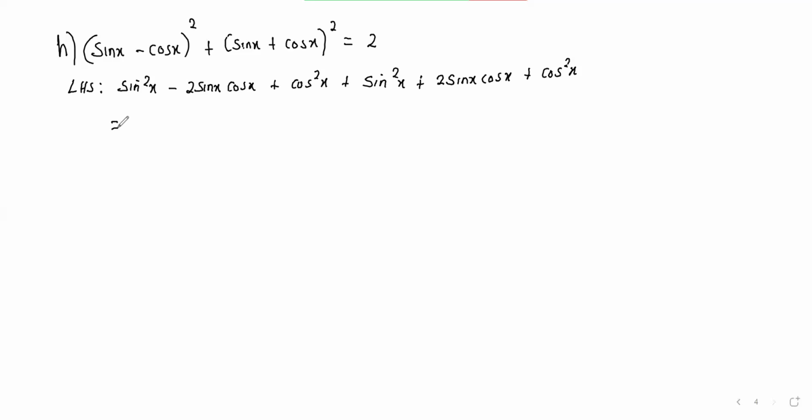Okay. Then now this one and this one. And then we have sin squared plus 1 plus sin squared plus 1 equal to, which is the right answer. You see?